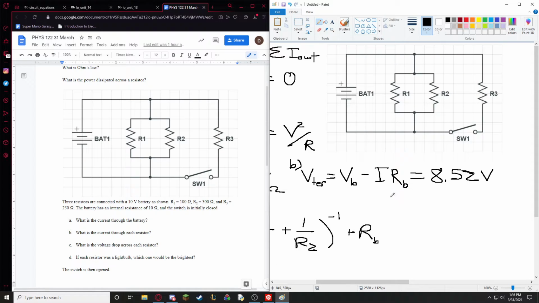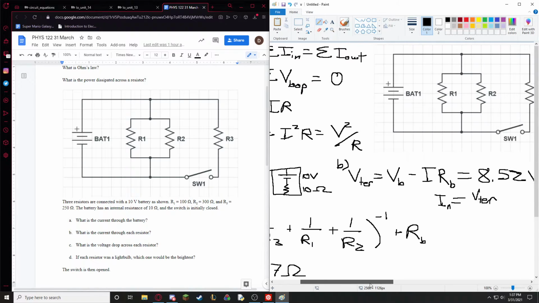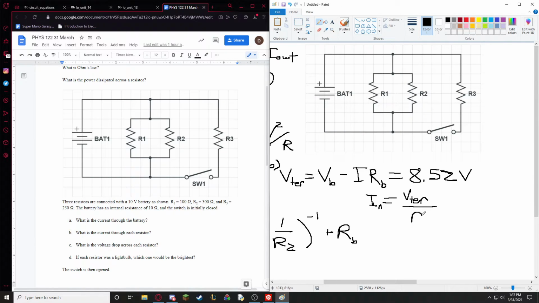So for each individual resistor, I1, I2, I3, the current is going to be the voltage across the terminals divided by the resistance of that resistor.